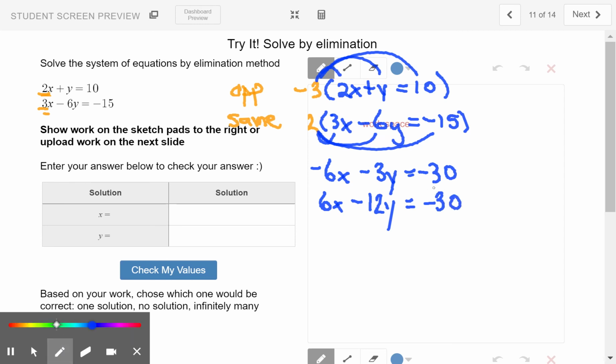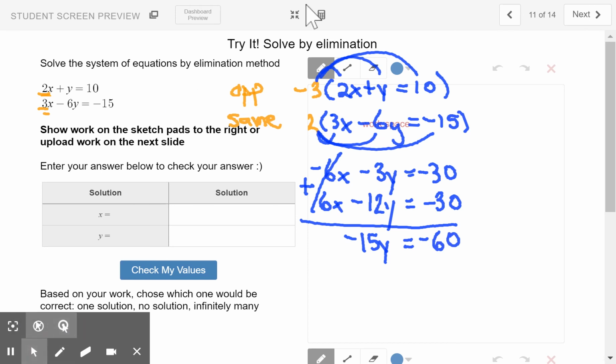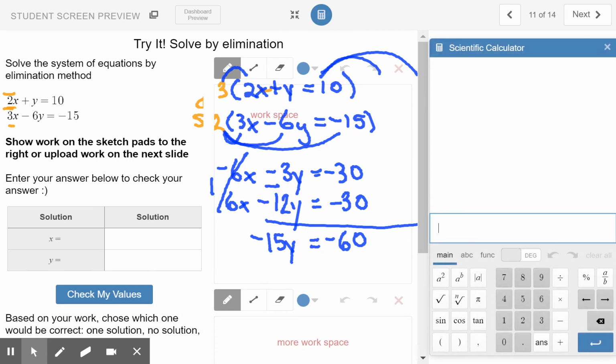Okay, at this step, we have an adding problem. So negative 6x plus 6x goes away. Then we're left with negative 15y equals negative 60. Now remember, on each of these slides, we've got this calculator in case the negatives worry you. You can double check.